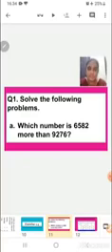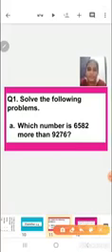Children, in the question itself, we can see that the term more than is used. When we see this term, we can understand that yes, it is an addition sum. To find out which number is 6,582 more than 9,276, we have to add both the numbers.